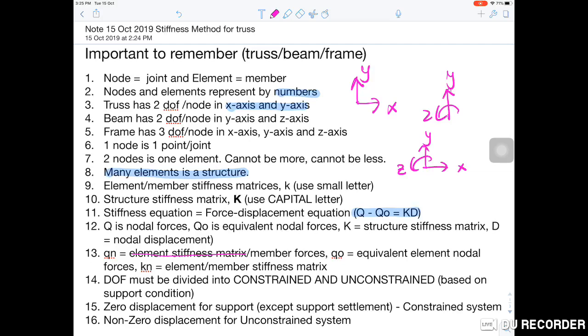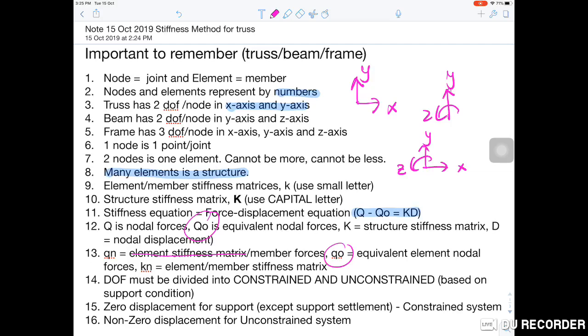And q0 is equivalent element nodal forces. The difference between this and this is that one is small letter, one is capital letter. Small letter represents the element and capital letter represents the structure.